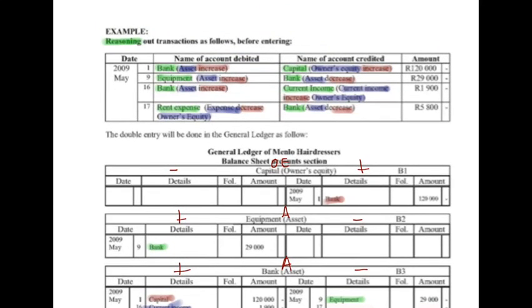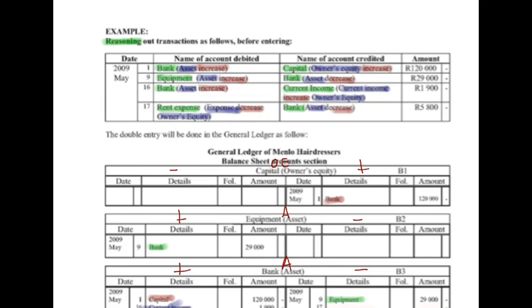Now remember, bank needs to pay the money. So therefore bank is an asset that decreases, and this happens on the credit side. Then it makes sense that rent expense, which is an owner's equity account, should be on the debited side, because what happens to owner's equity on the debit side? It decreases.